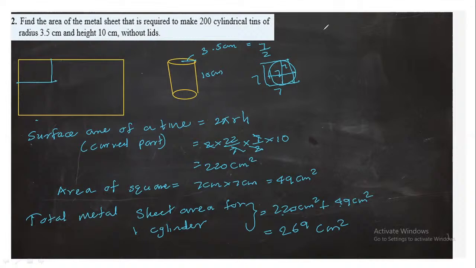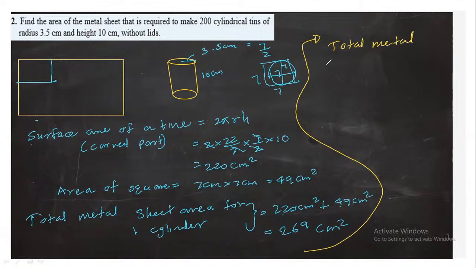Then I will do the other part here. Total equals 269 square centimeter multiplied by 200.